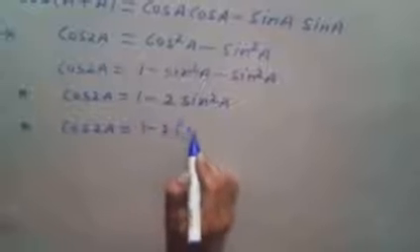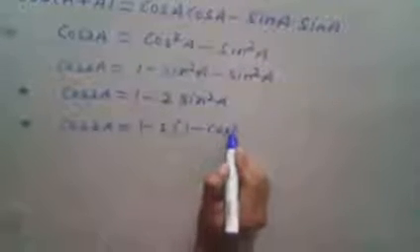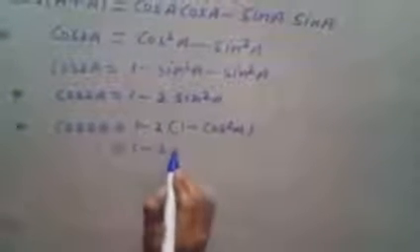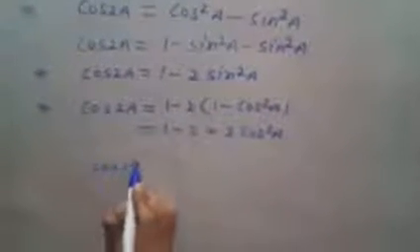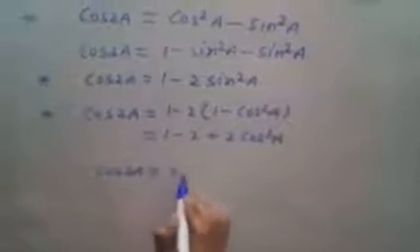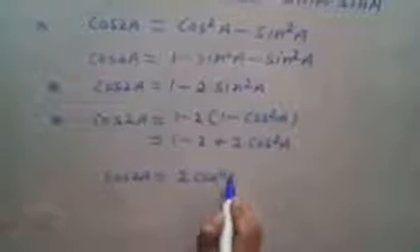Now here is cos 2A. 1 minus 2 sin square A can be written as 1 minus 2 plus 2 cos square A. Now cos 2A is equal to 2 cos square A minus 1.